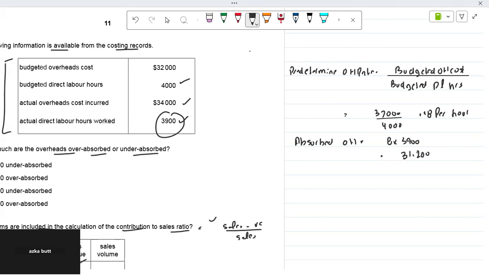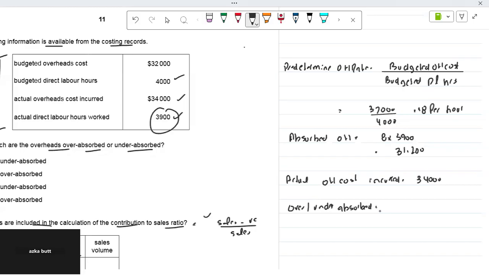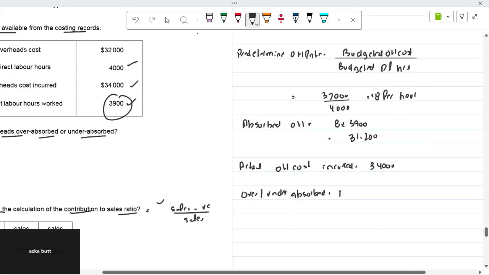Now we are going to calculate the over or under absorbed overhead. We compare the absorbed overheads with the actual overhead cost incurred, which is 34,000. To find out the over or under absorbed overheads, we deduct the actual overheads incurred from the absorbed overheads.